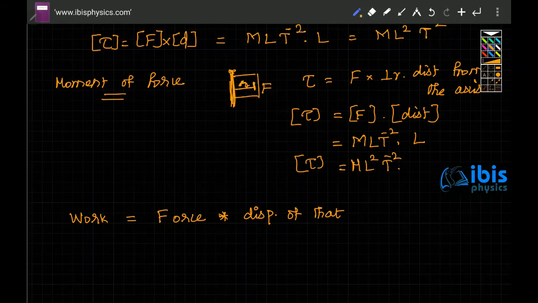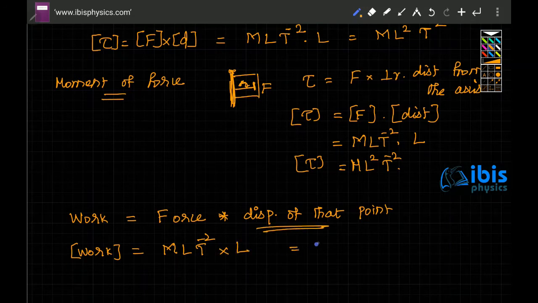Where you apply force, how much distance that point has moved, that displacement of that point, is what gives work done. So the dimensions of work is force, which is M L T power minus 2, multiplied by displacement, which is a measure of length, so that is also M L square T power minus 2.